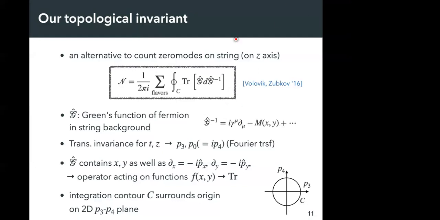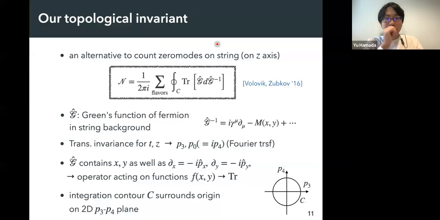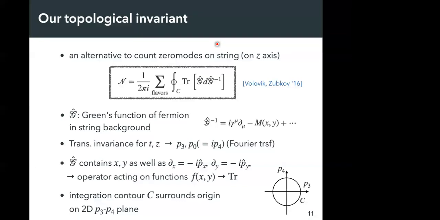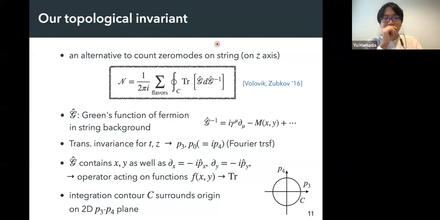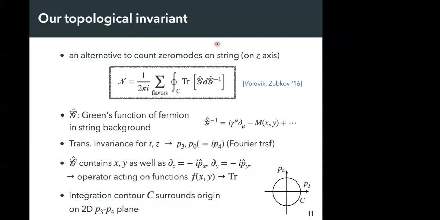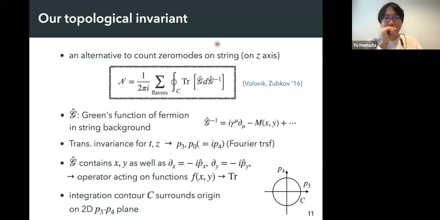Sorry, I have a question. In order for this quantity to be topological, naively the integrand has to be closed. Is that correct? I mean, by taking the exterior derivative of the integrand, it should vanish naively. If this is a closed form, this vanishes, right?